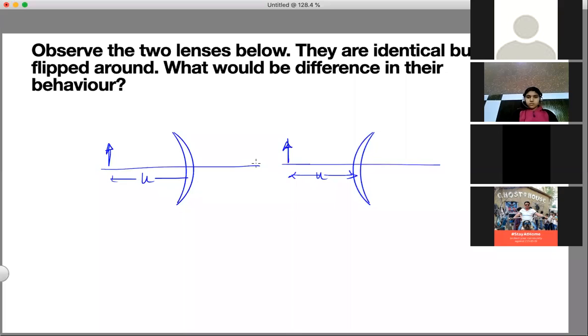Will the image formed be different in two cases? See, you will not be allowed to calculate, right? You will not be asked to calculate such a complex lens. ये theoretical question है pure.